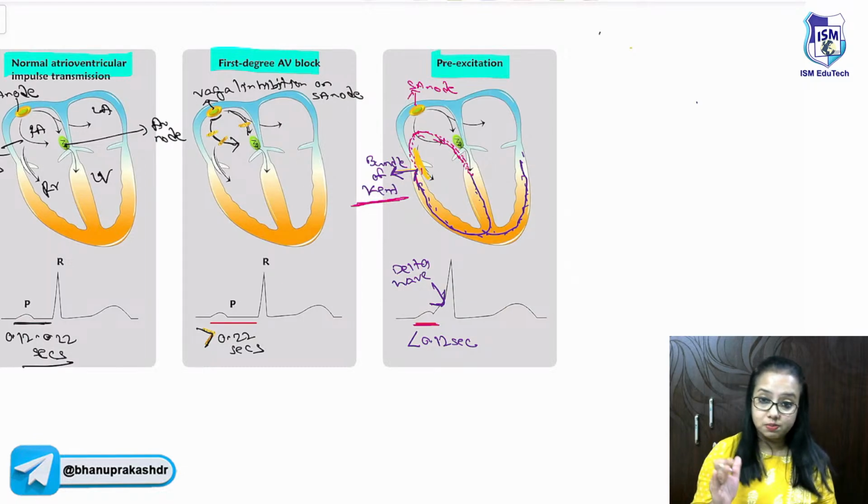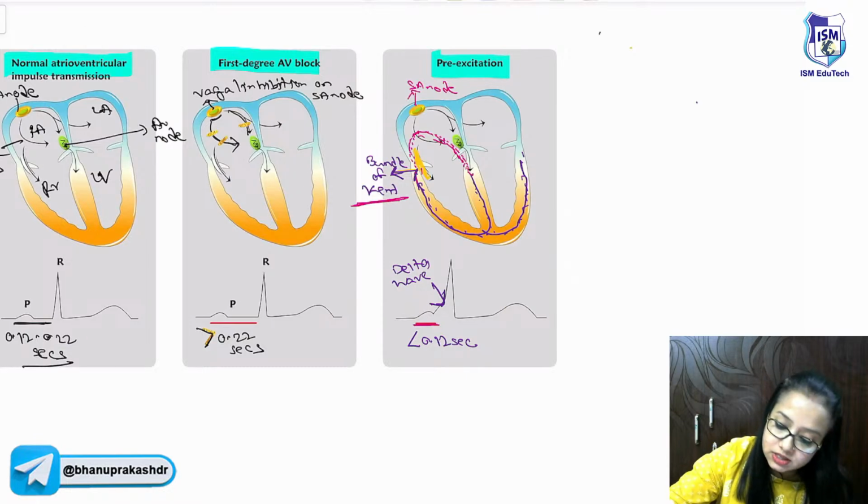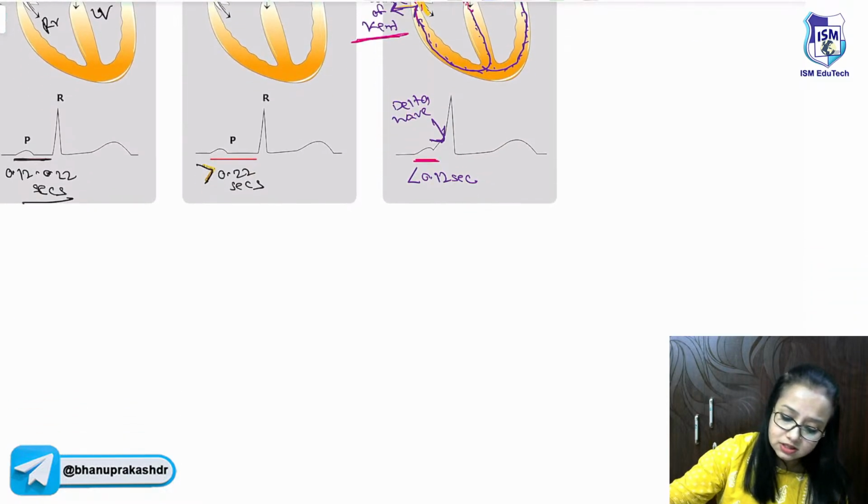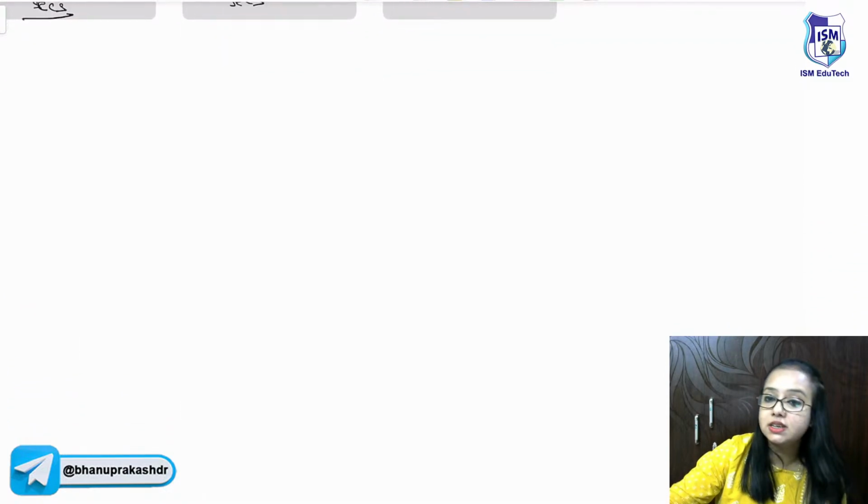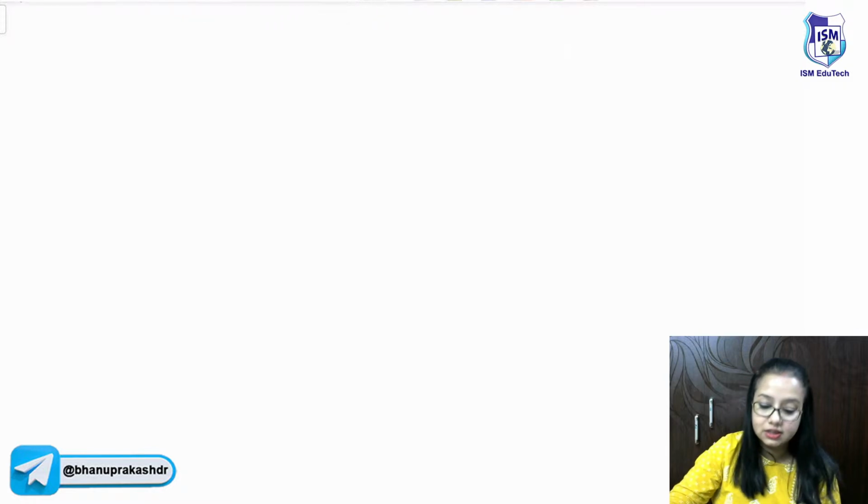It will be less than 0.12 second. Additionally, on the ECG, we will see some wave buried in the R wave, which is the delta wave. Okay. This is the clinical implication of the PR interval.